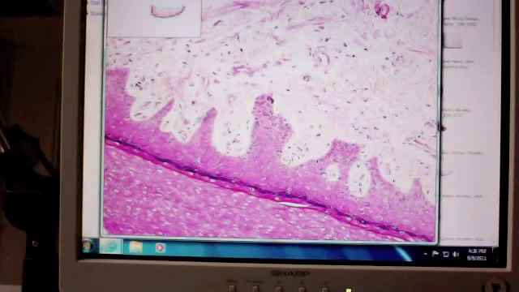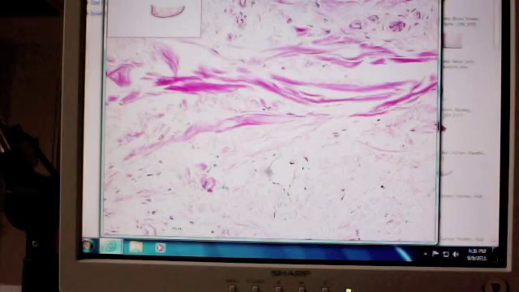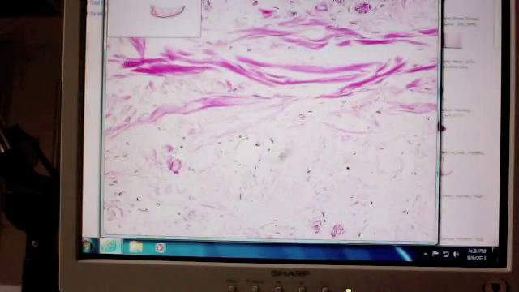So if I had a pointer going from here to around about here and said name this tissue. Loose connective tissue. Do you want areolar? I probably would give you areolar tissue, but loose connective tissue is probably more accurate.